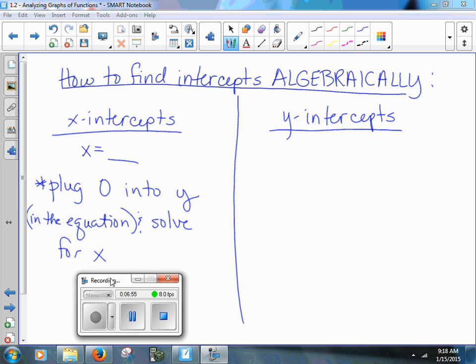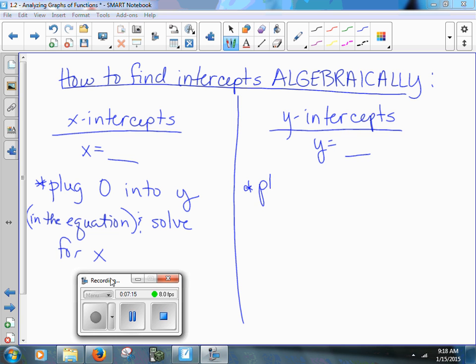I would show you how to do this, but I would never focus on this if I were teaching Algebra 2, because you're going to blow that calculator up. Y-intercepts, I want to end up with y equals something.